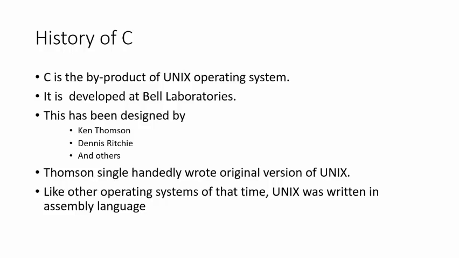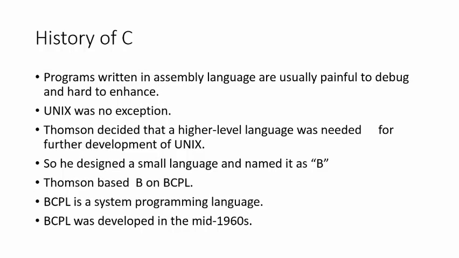There was a language called assembly language to write operating systems, and he used this language. Programs normally written in assembly language are usually painful to debug and hard to enhance. It is very difficult to read and debug them and make any enhancements to the program.